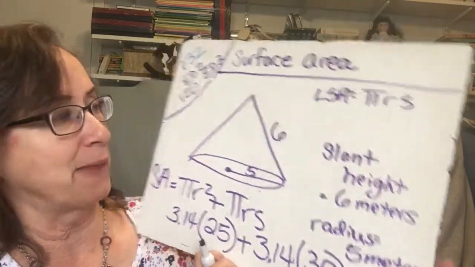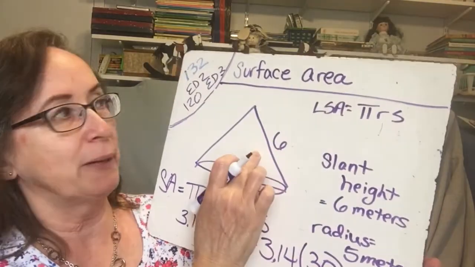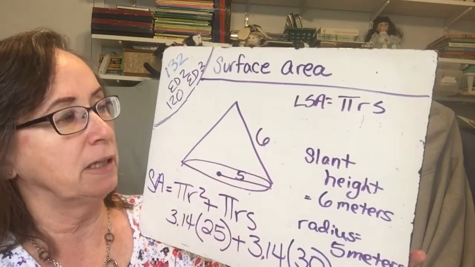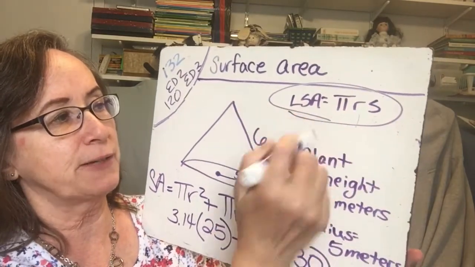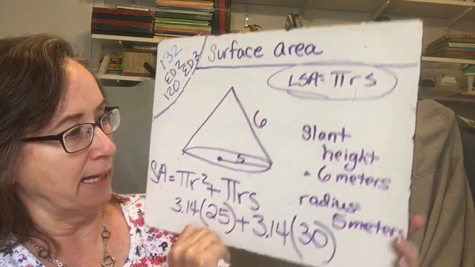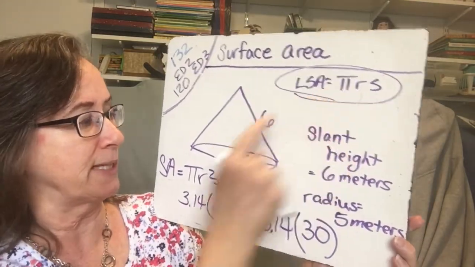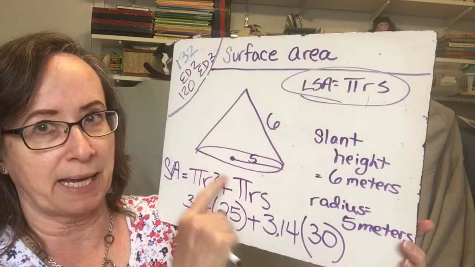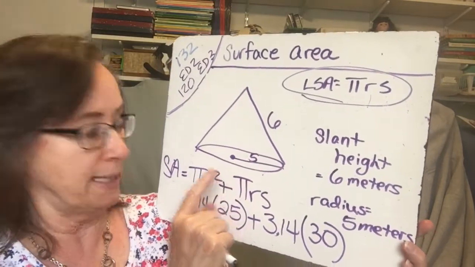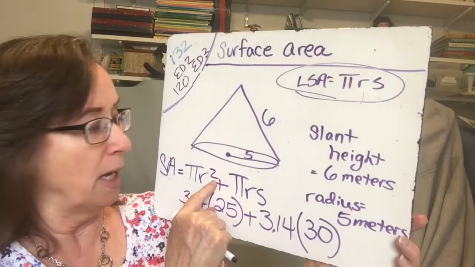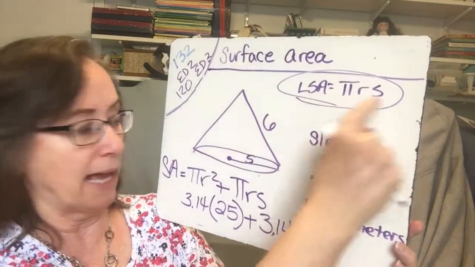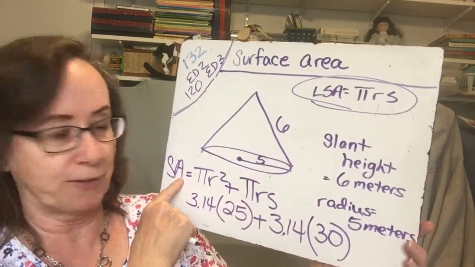So let's recap that problem. When we're doing the surface area of a cone, we know the lateral surface area is pi rs, and the total surface area is the lateral surface area plus the area of the base, which is a circle. So its area is pi r squared plus the pi rs gives me my total surface area.